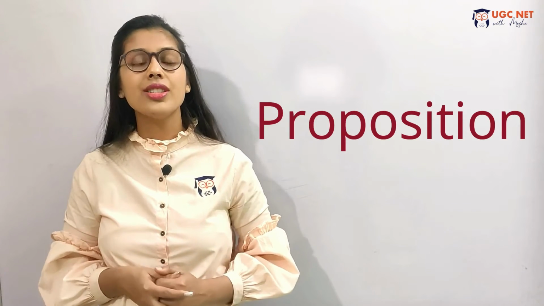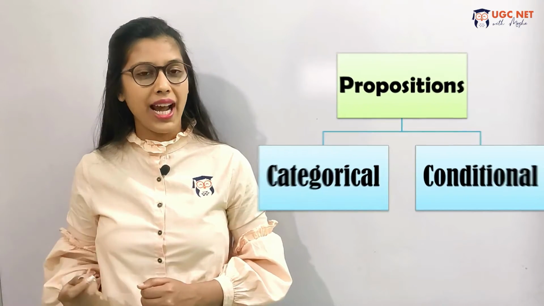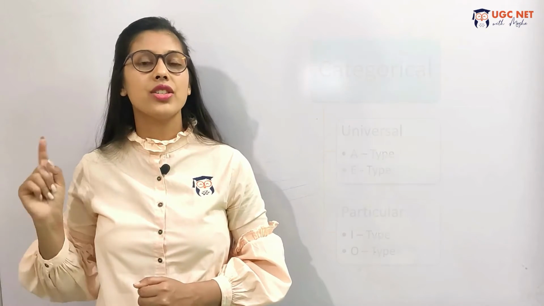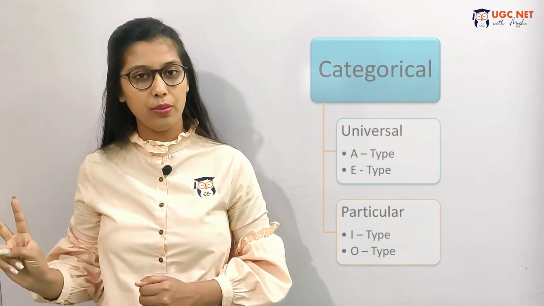Next we are going to talk about is propositions. So propositions, in other words, can be called as the statements given under logical reasoning. So the statements which are given to you in the question are nothing but propositions. Now propositions are of two types: categorical proposition and conditional proposition. Categorical proposition is again divided into two parts, that is universal and particular proposition.